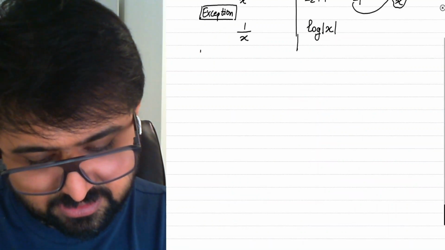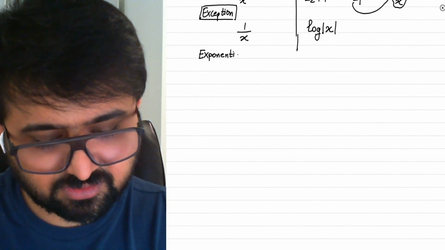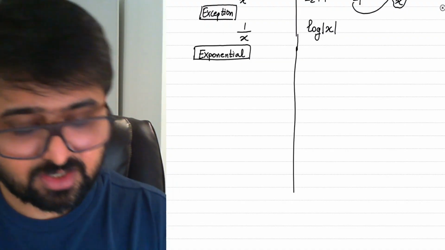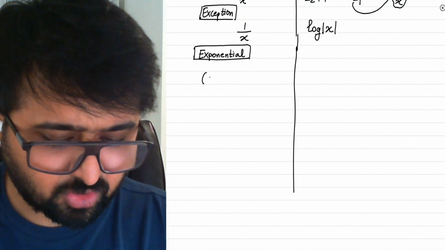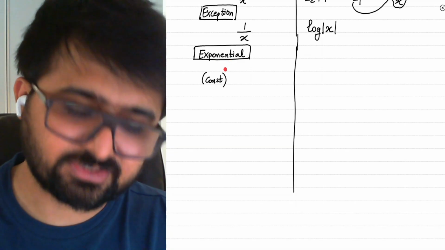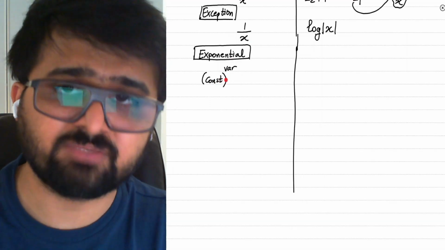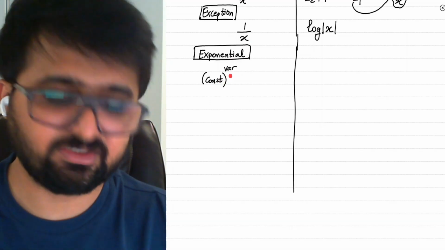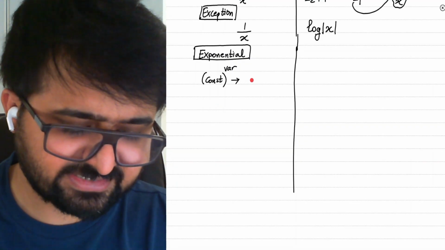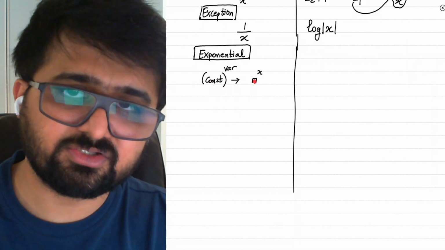Let's look at exponential functions. The way you will make out that it's an exponential function is there will be a constant and there will be a variable in the power. So constant to the power variable. If we want to write it mathematically, this will be something like n to the power x, or constant to the power x.